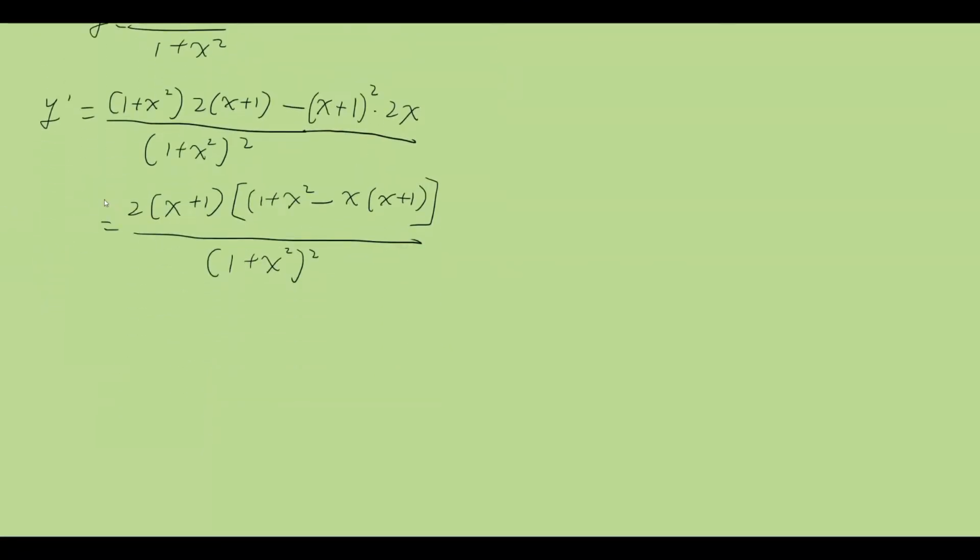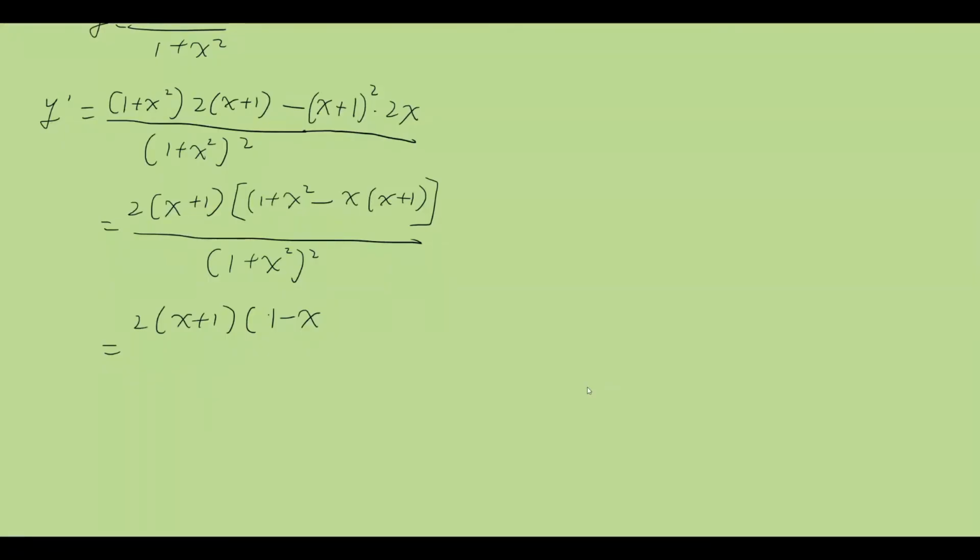That's going to be 2 times (x + 1), and in the bracket, the x² cancels out, and the 1 is gone as well. So we have 1 minus x, all over (1 + x²)².